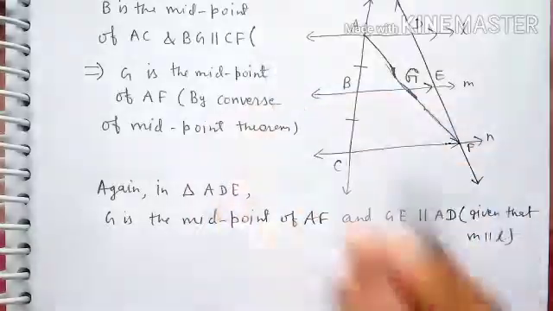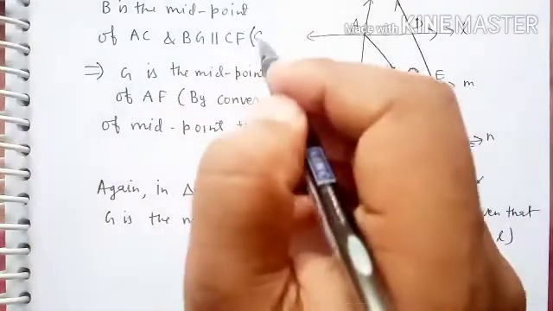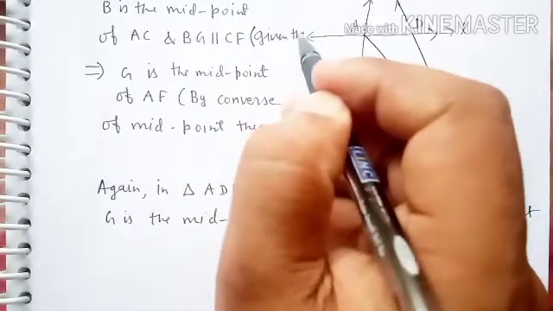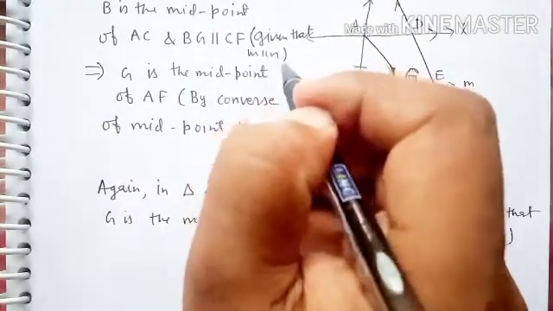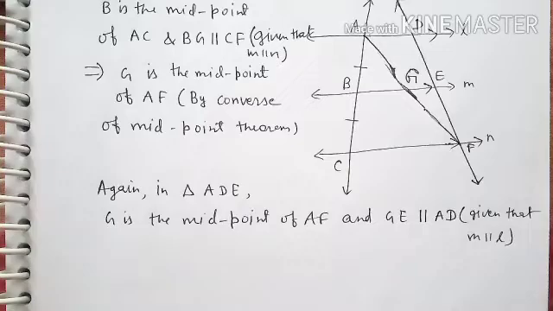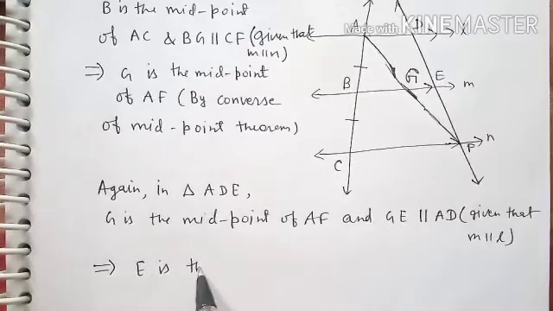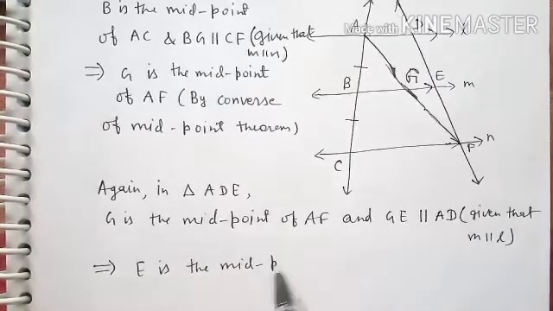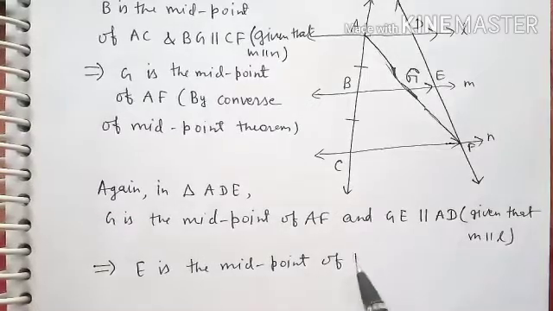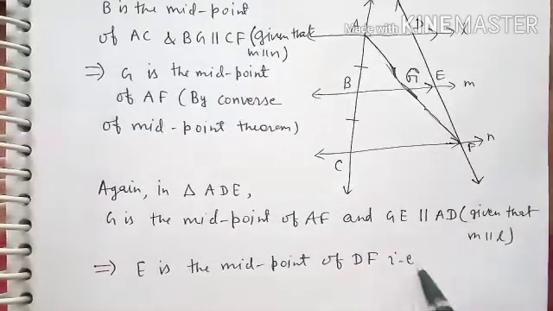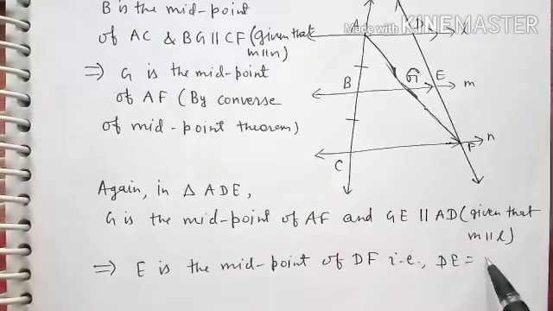Here also you can write, given that M is parallel to N, that's why BG is parallel to CF. This implies that E is the midpoint of DF, that is DE is equal to EF, which was to be proved.